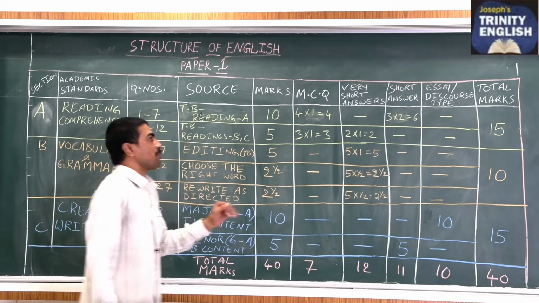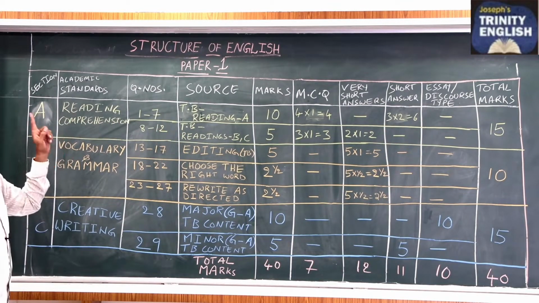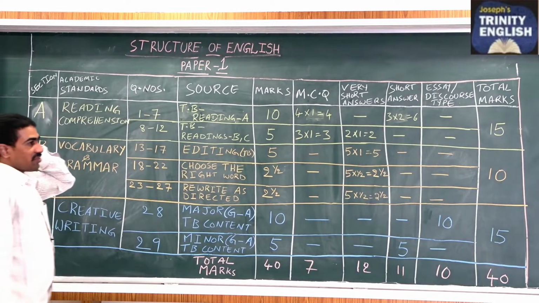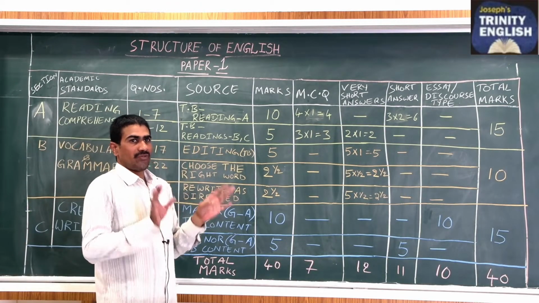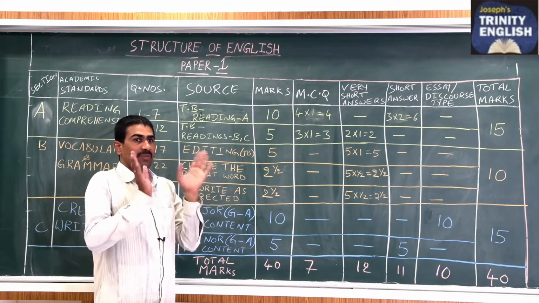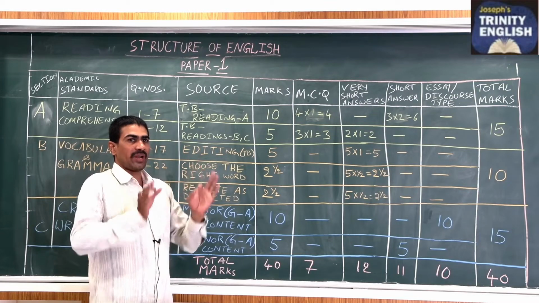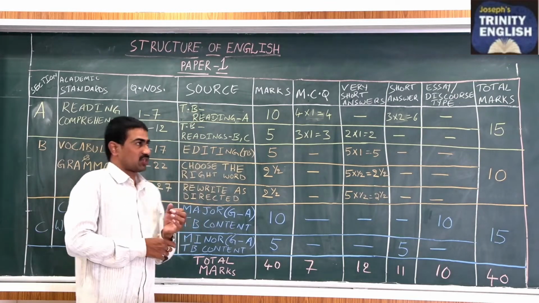And the total marks for the entire paper. If you look at, section A is reading comprehension, and the students have to remember very clearly, paper 1 everything comes from the textbook. We have 8 units and in paper 1 everything comes from the textbook.